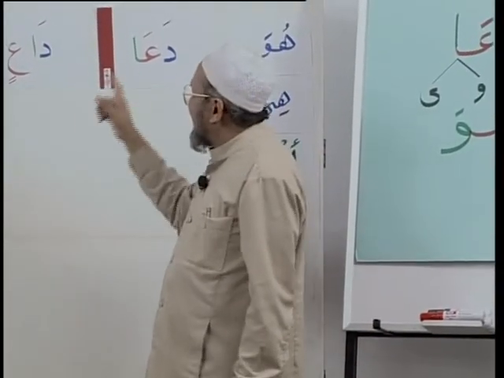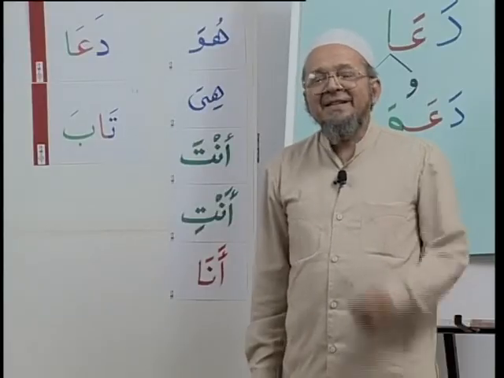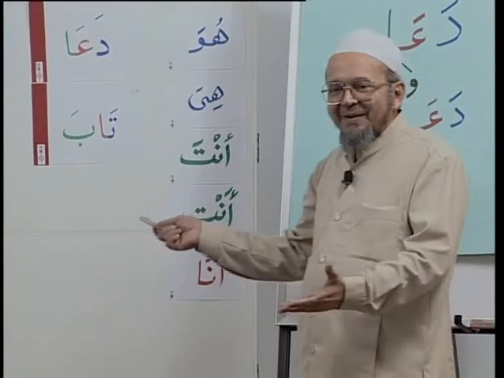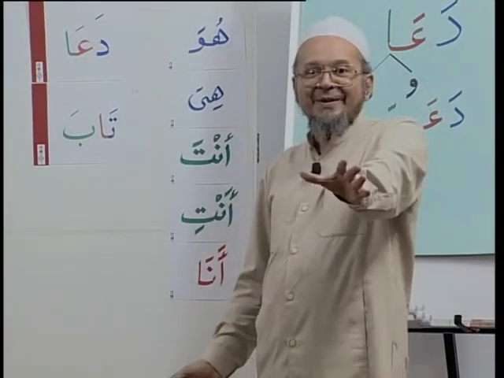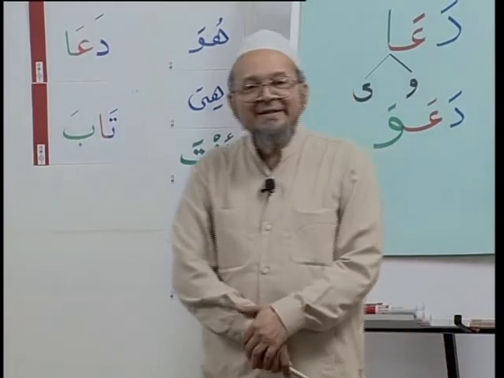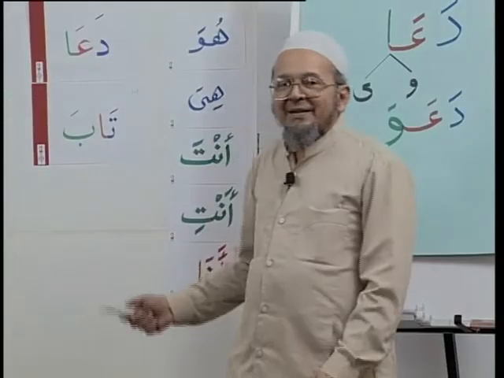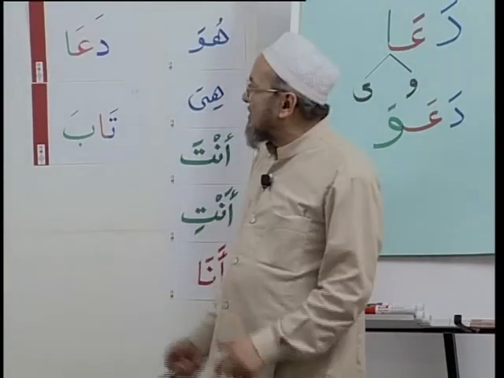So da'a, da'in. Let us take taba. Can you please identify where the sickness is? First of all, is it sick or healthy? Sick. Where is the sickness? Radical ain. Sickness is there in radical ain. So how many possibilities? Two. Wow and ya. As a matter of fact, it is wow. It is originally tawaba. So let us go to the five conjugations.